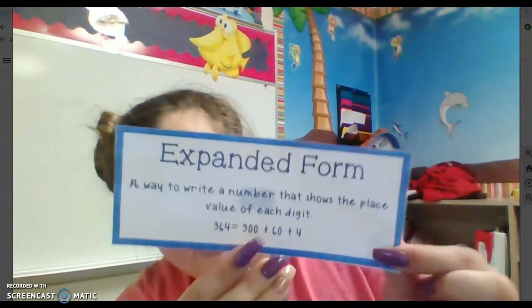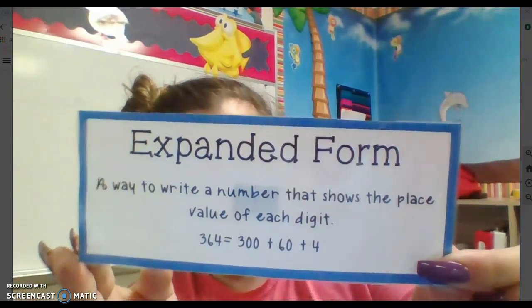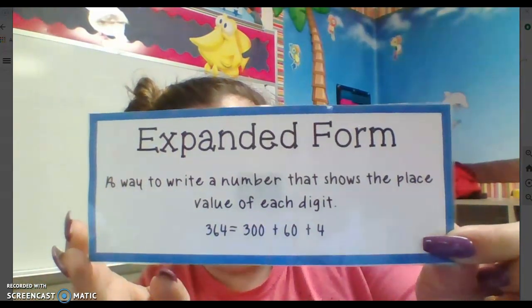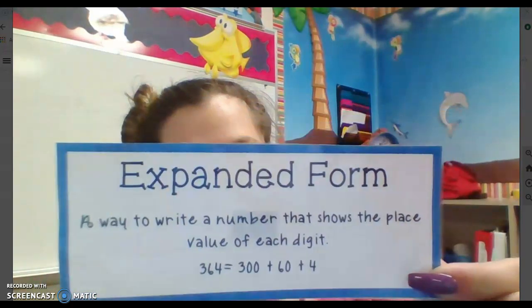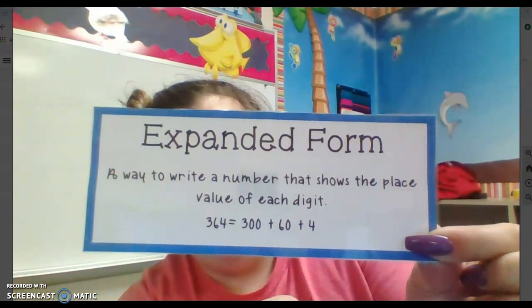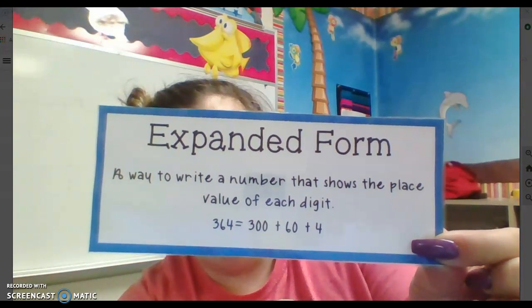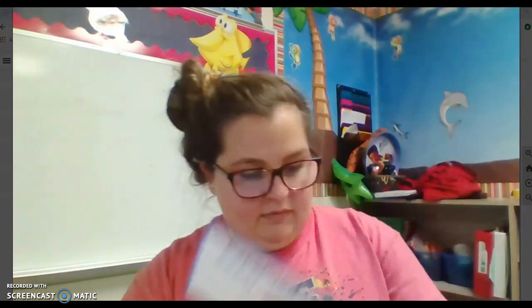Expanded form is a way to write the number that shows the place value of each digit. So for example, on this one, we see 364 is 300 plus 60 plus 4. That is expanded form. And then word form is the number written out in words.